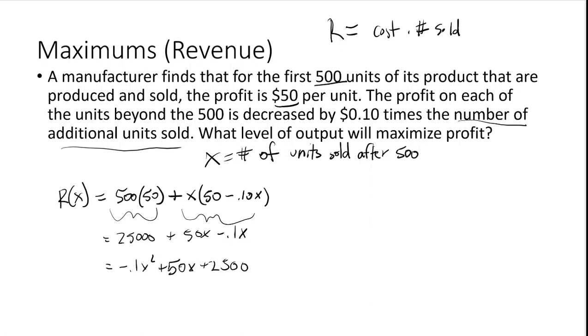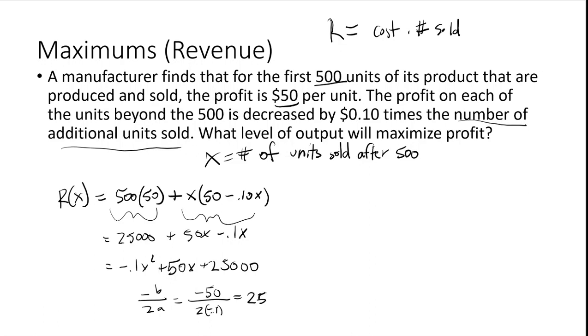Okay. Negative b over 2a means that we'll have negative 50 divided by 2 times negative 0.1, so negative 0.2, which gives me, you said it's 250, right? This is equal to 250.